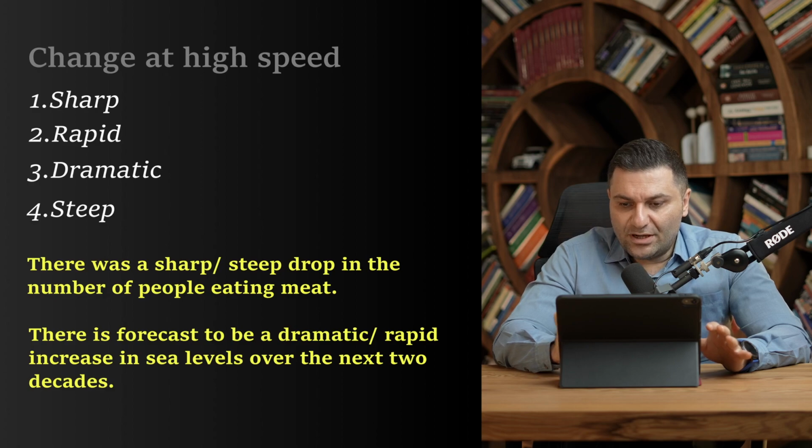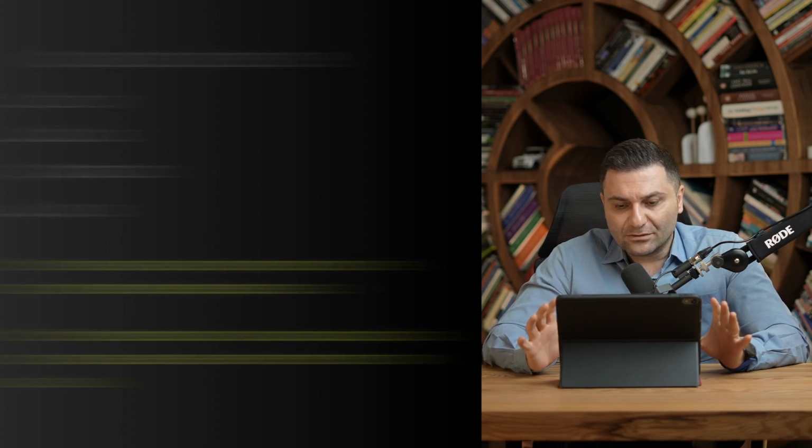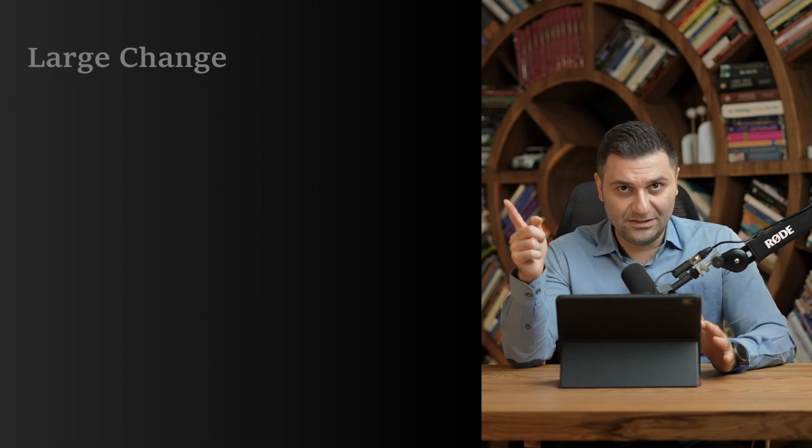Now, sometimes we talk about large change, but it's not necessarily fast, right? It is large, but it's not fast. So again, we have the same thing here, the difference between fast and large. A large change is when, for example, we witness an increase in the price of beef from 2000 up to 2020, and it increased from $10 up to $100, all right?